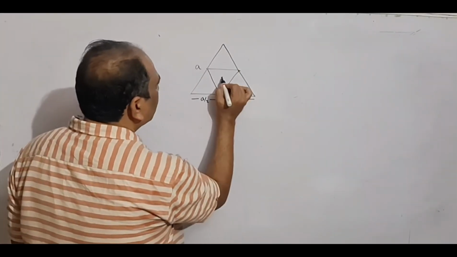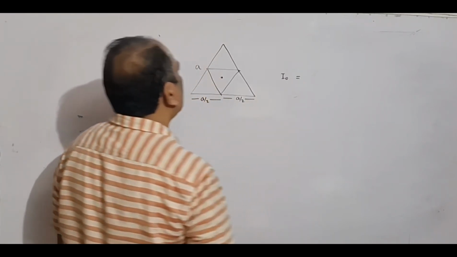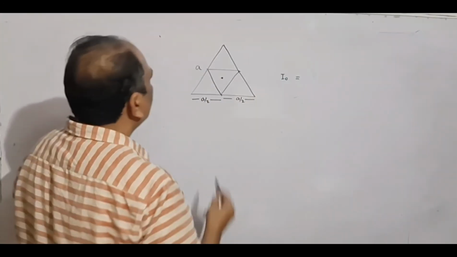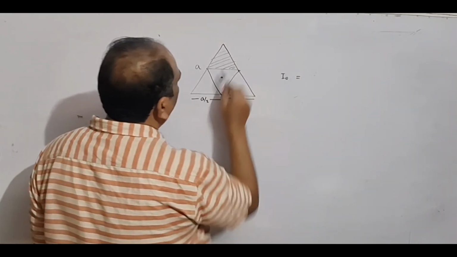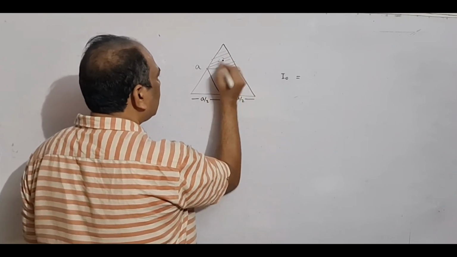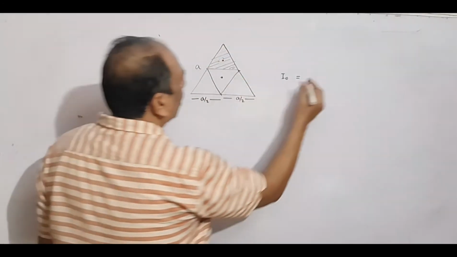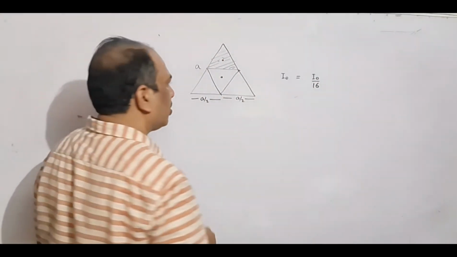So the total moment of inertia, which was I0, suppose, is equal to, okay, now first consider this triangle. The moment of inertia of this triangle about its center, somewhere here, will be I0 by 16, using the same logic which we used earlier.